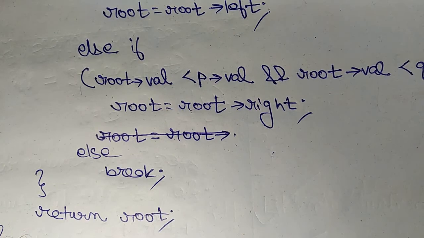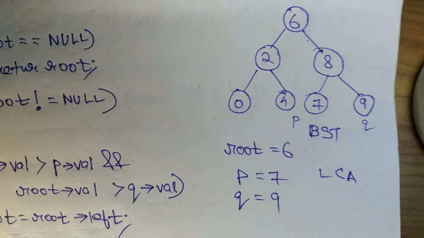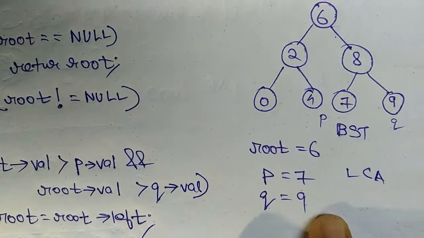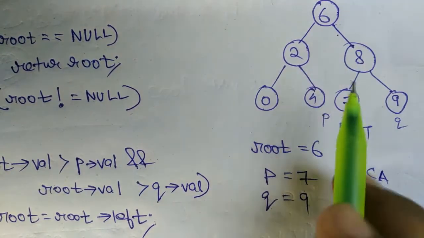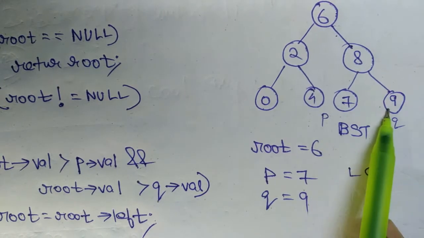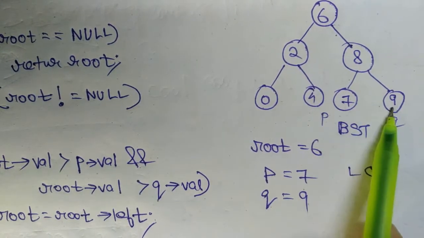Now I will show the explanation of the code. See from the diagram, here root equal to 6, P equal to 7 and Q equal to 9. Now when we enter the while loop, our while loop checks if 6 is greater than both 7 and 9. No, it is not. So it is less than 7 and 9.